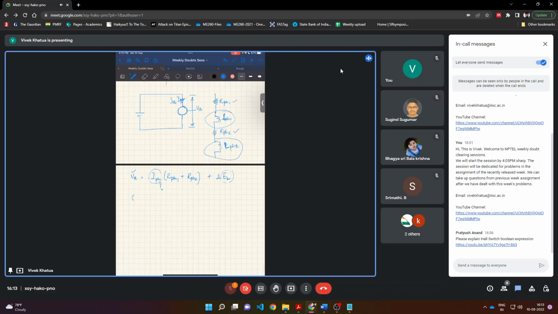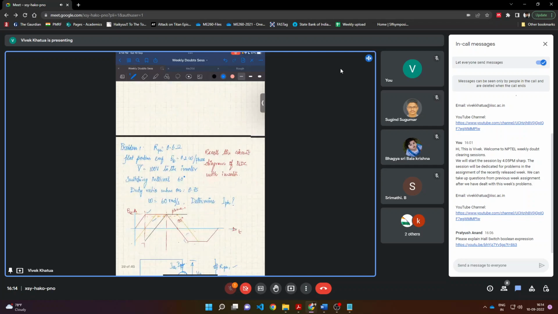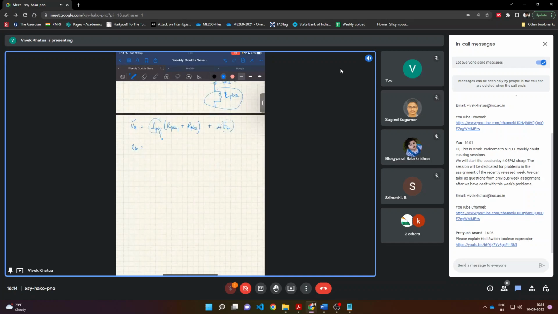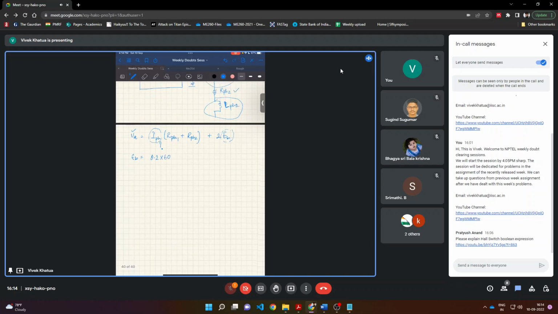So E_B, the expression that is given in this problem, is 0.2 times omega, and this is per phase. So E_B will be equal to 0.2 times 60.